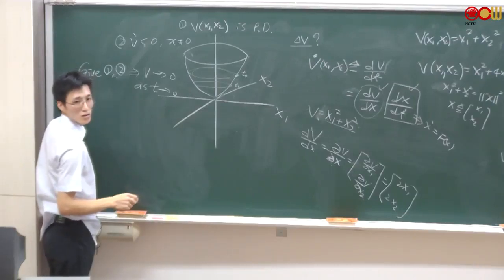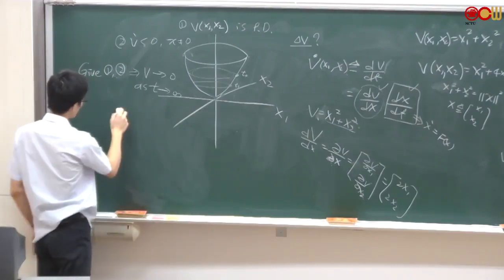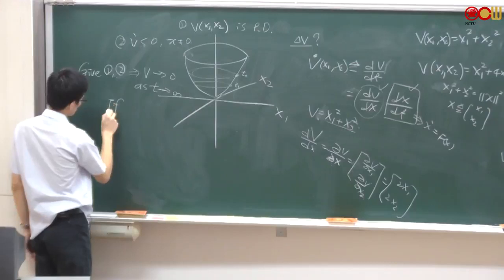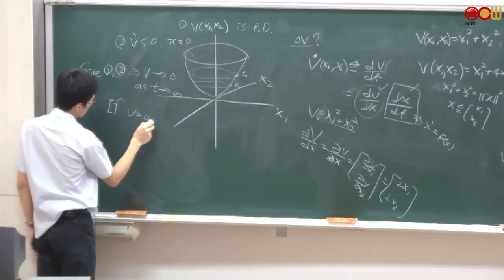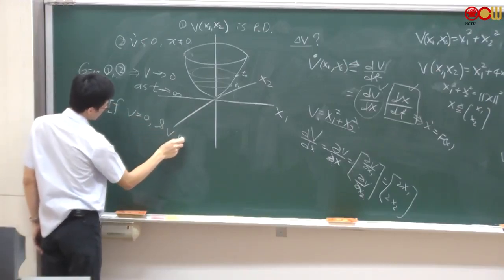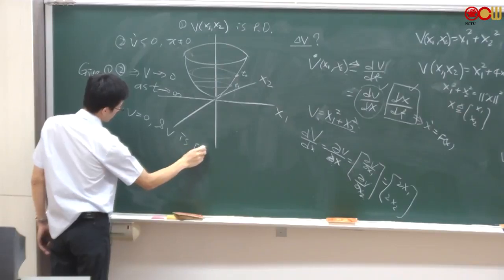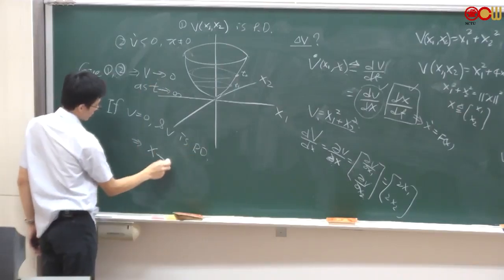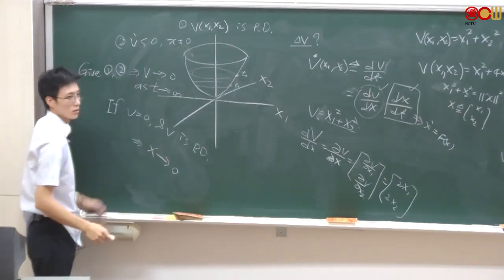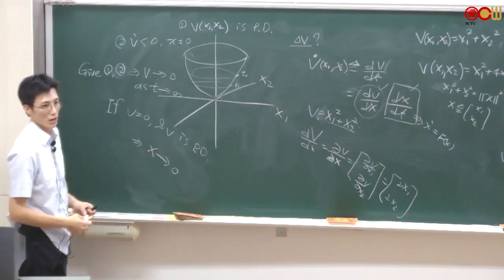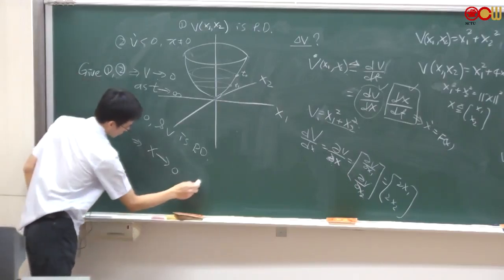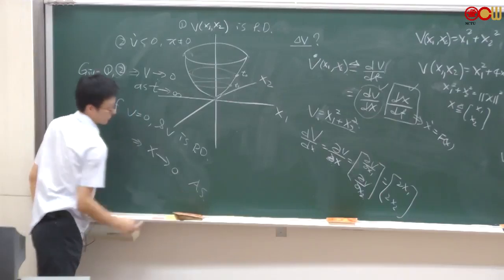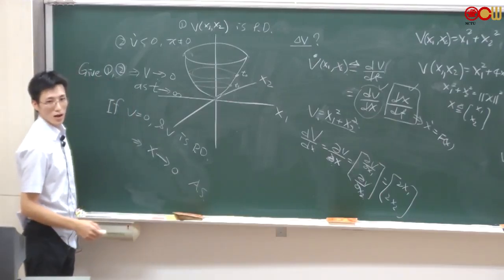Right? If V dot is negative and V is PD, this condition guarantees V converges to 0. Your x converges to 0, right? So it's asymptotically stable. Okay, can you follow?